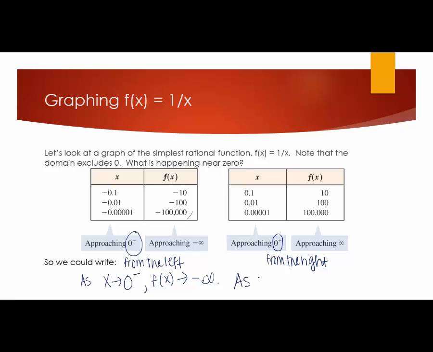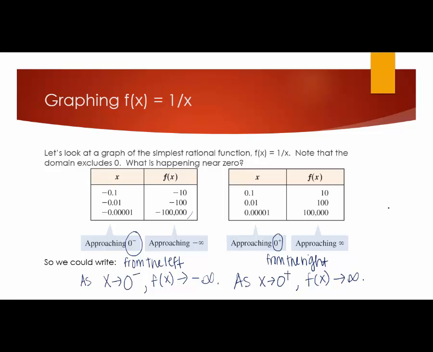We could also say as x approaches 0 from the right, that's a superscript, that's a plus, our f of x values, well, it appears they approach infinity. So this should be familiar notation from end behavior of polynomials. But we're not looking at the end, we're looking at what's happening right at 0, just using similar notation to describe it. Okay, so that's kind of interesting.